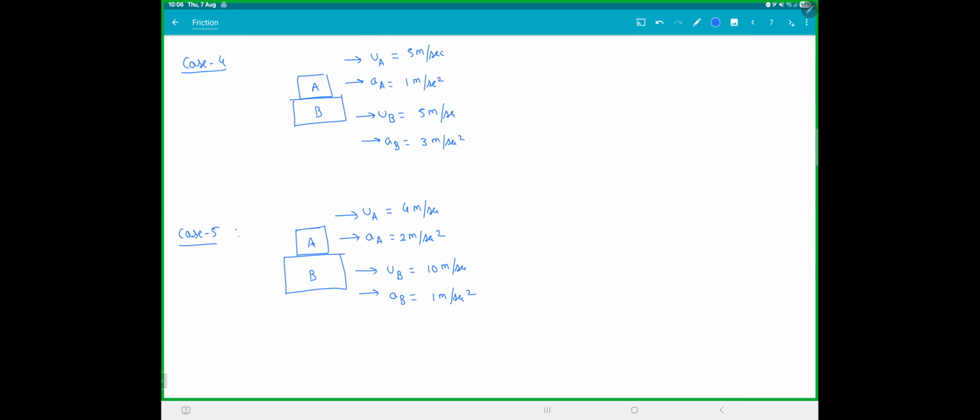Let's get the directions, everyone. So case 4, at that instant it will be 0, but if you give a little time, we can clearly see B has more acceleration, so B will go faster.